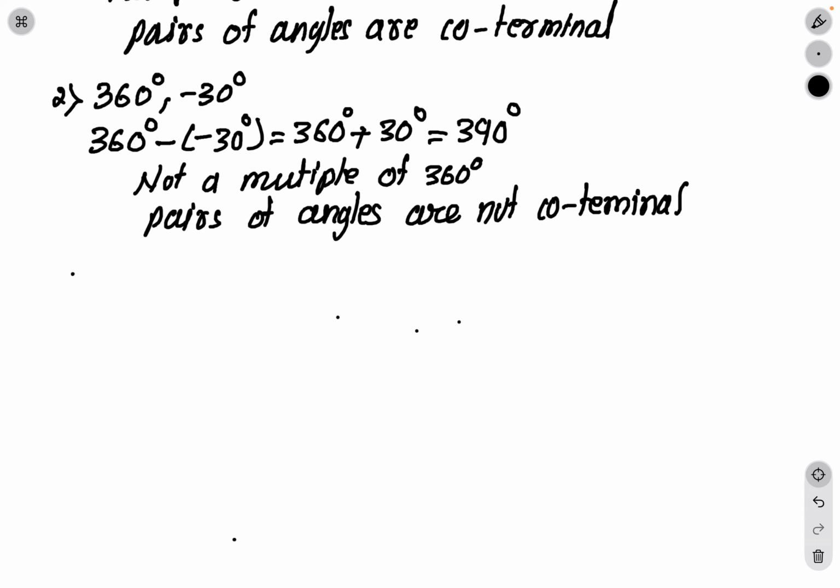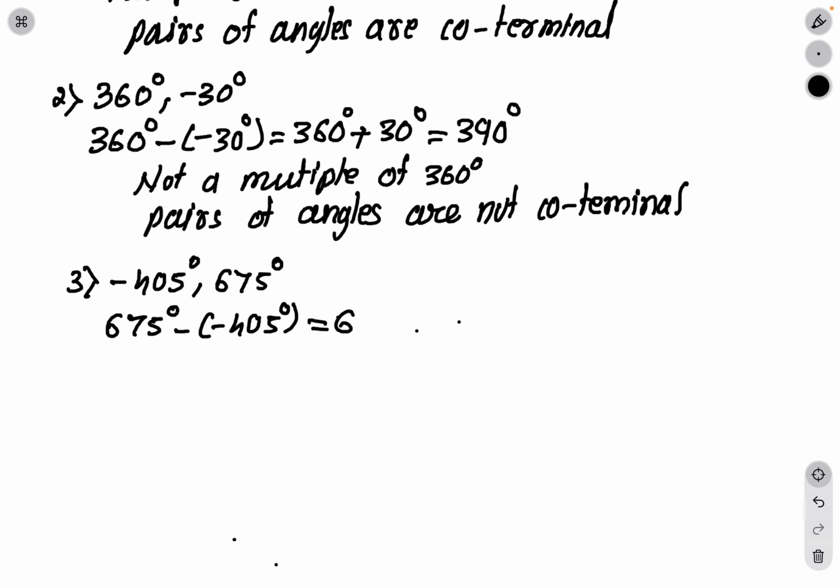Third problem, minus 405 degrees and 675 degrees. So 675 degrees minus minus 405 degrees.